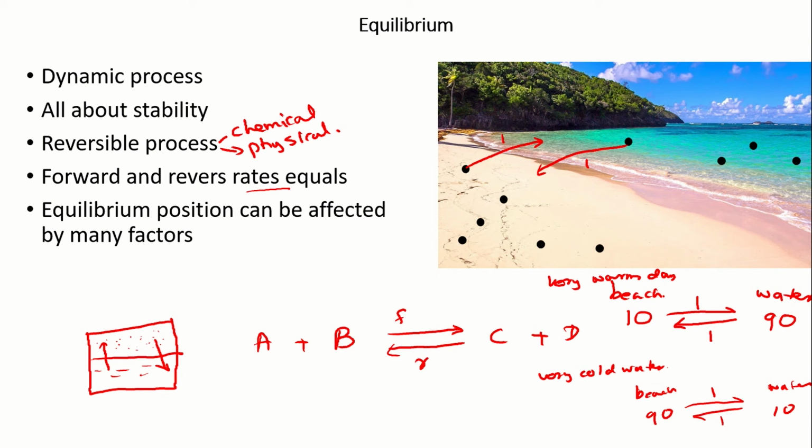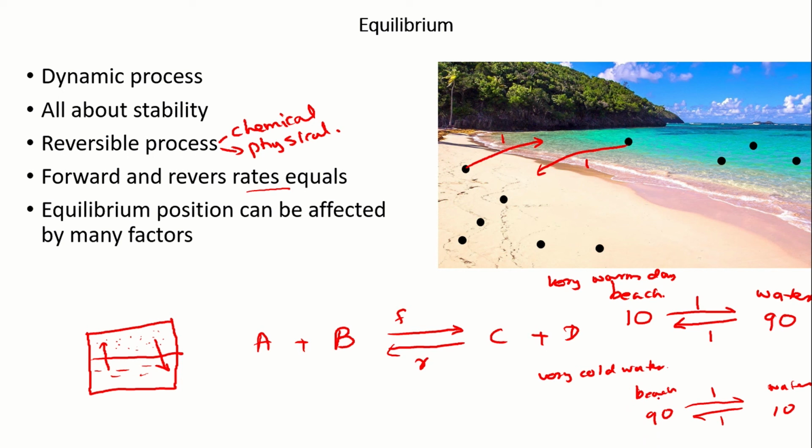So what does that mean? Based on whatever this condition, you can expect either more reactant or more product. This warm weather condition forced more people to be in water, and the cold water condition forced more people to be on the beach.